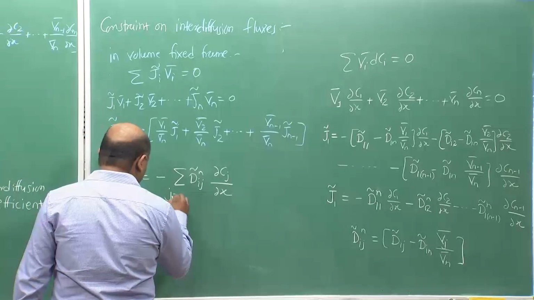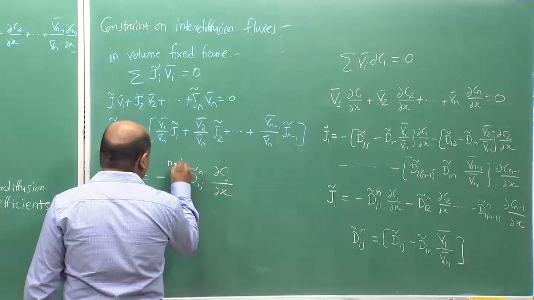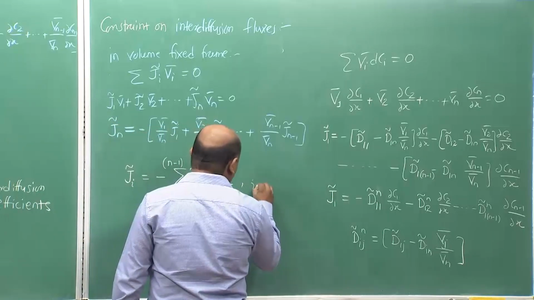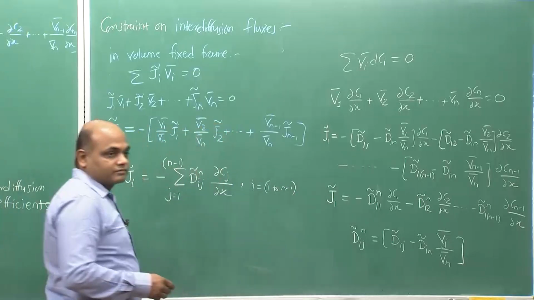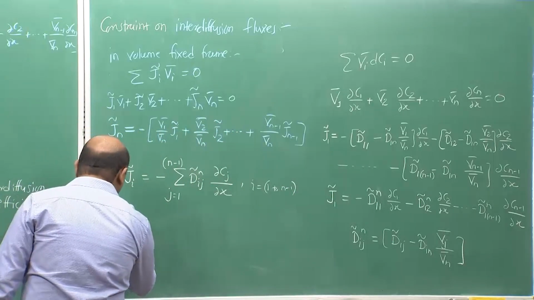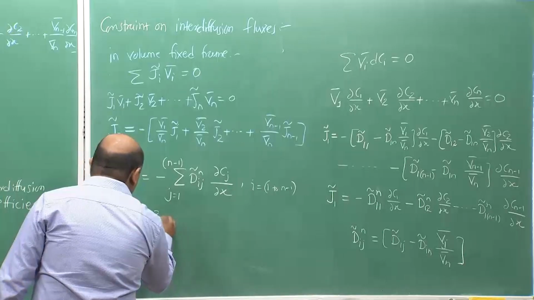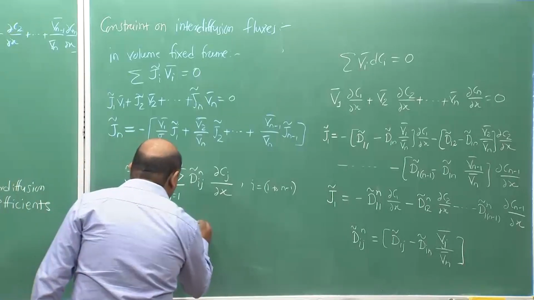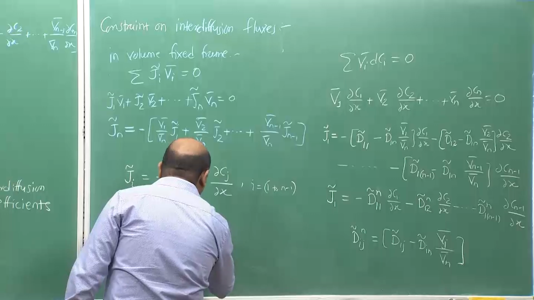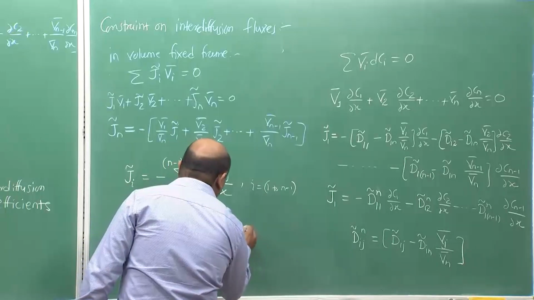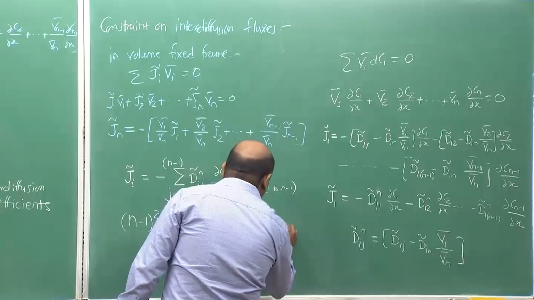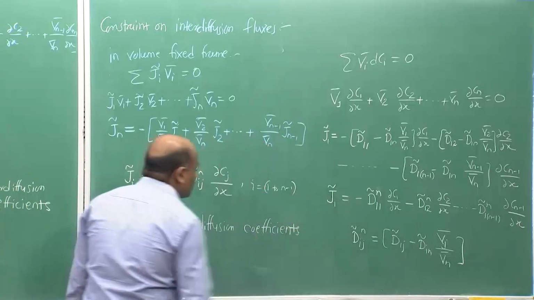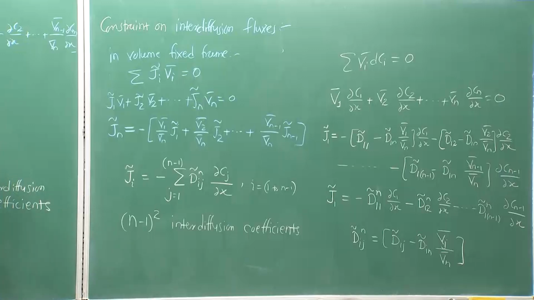J here varies from 1 to n minus 1, and also i is from 1 to n minus 1, and so there are n minus 1 square interdiffusion coefficients. Clear?